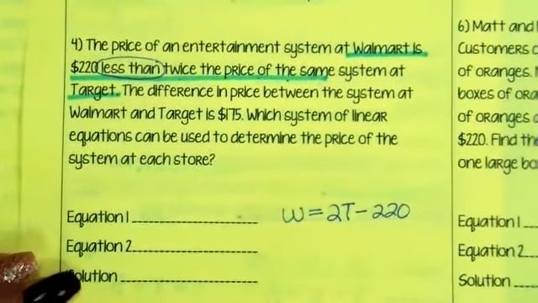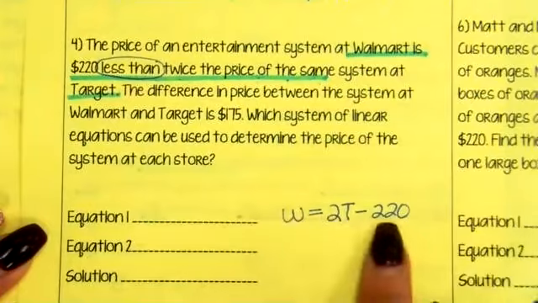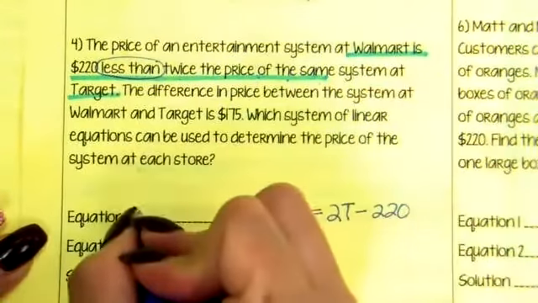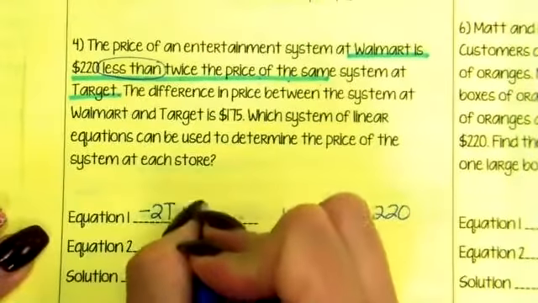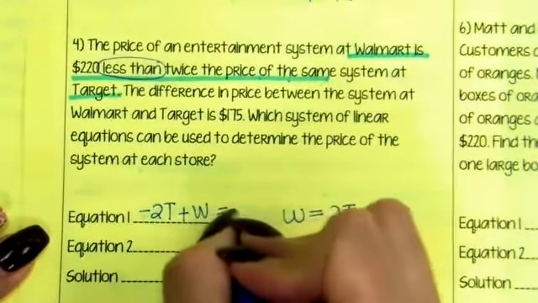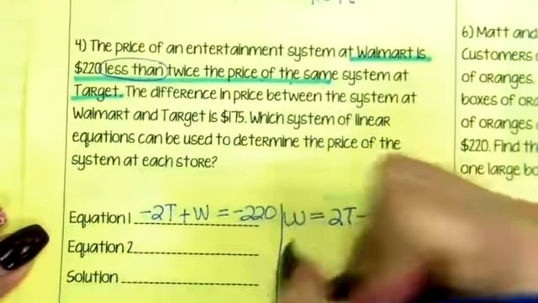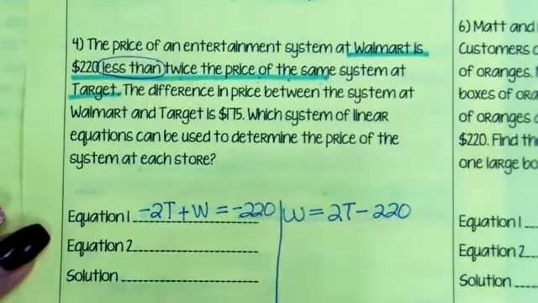That would be my first equation. Well, I could also solve it for standard form. So I just get rid of the 2t by making it negative 2t plus w equals $220. Okay, so that's my first equation.